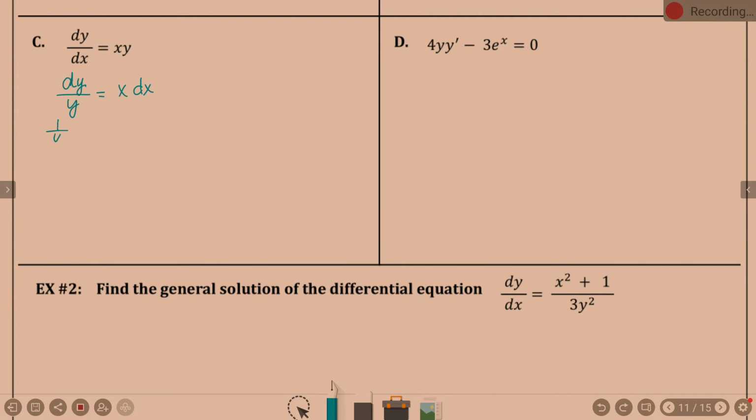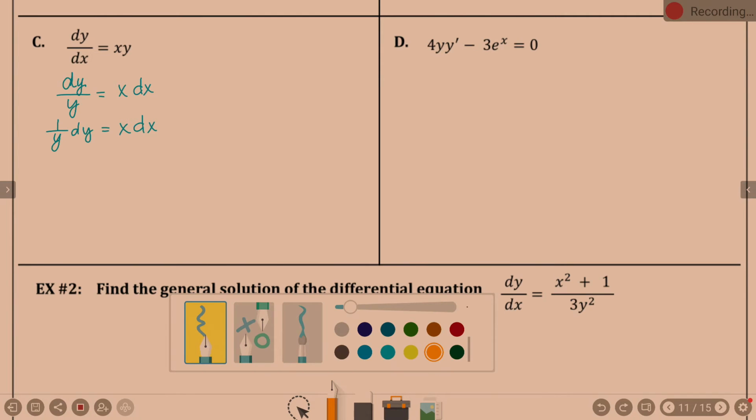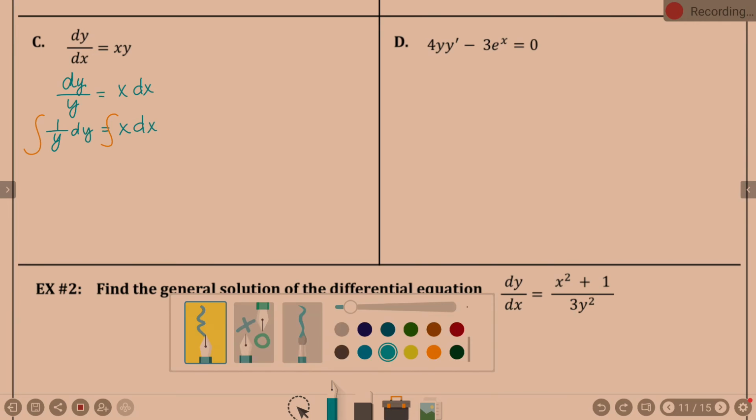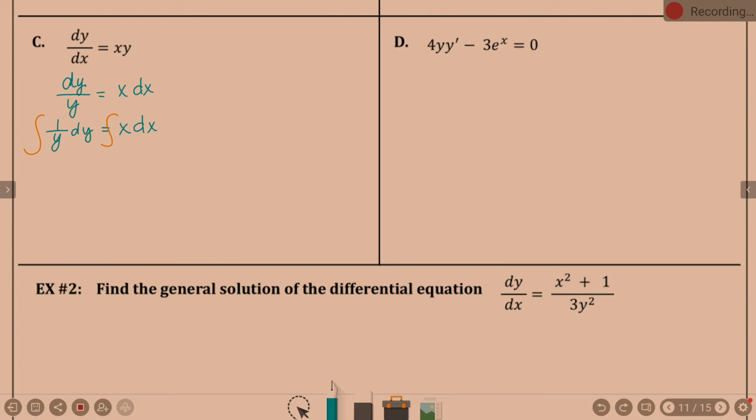The idea here is it's 1 over y times dy. By all means, don't feel like you have to write that. In fact, it's awesome if you can look at dy over y and know exactly where we're going with it. That's why I need you guys to get to that point. Okay, integrate. 1 over y, that's just y to the negative 1, isn't it?